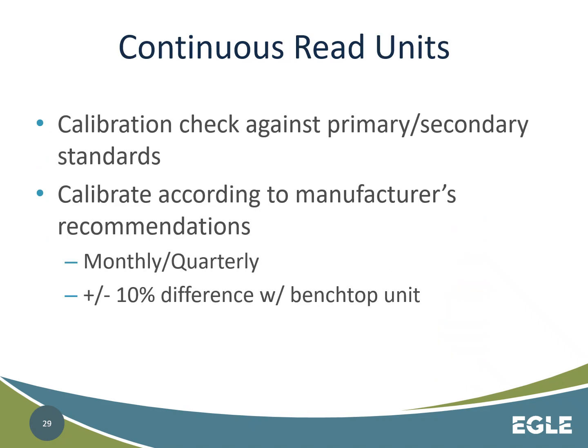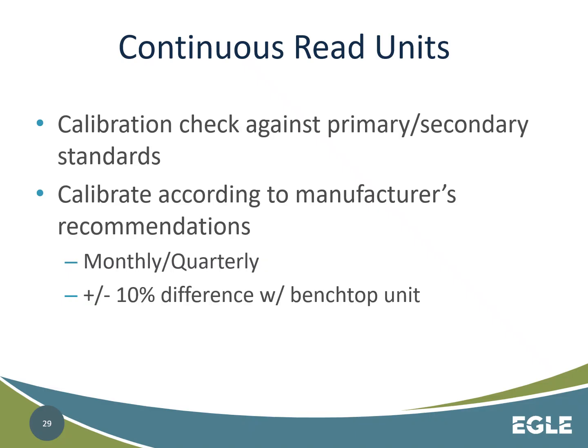Now, continuous read units are exactly what they say. You're going to typically take your primary and secondary standards off of a continuous feed to make sure that the device itself is within calibration standards. Typically, they're checked monthly with secondaries and quarterly with primaries to make sure that they're completely recalibrated.